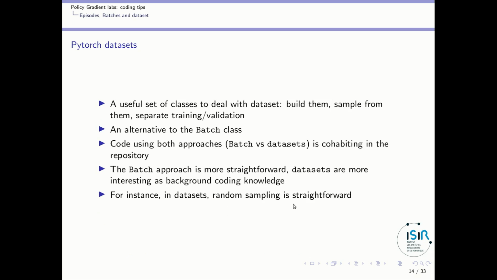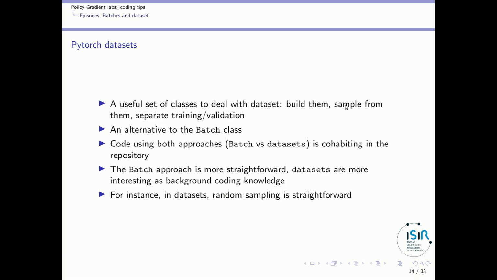A word to say that this approach with episode and batch is something that I have done by hand, but if you are using advanced tools in PyTorch, you can use PyTorch datasets. That's a very useful set of classes to deal with data in general that are a lot used in deep learning. It allows you to build a dataset from different sources.